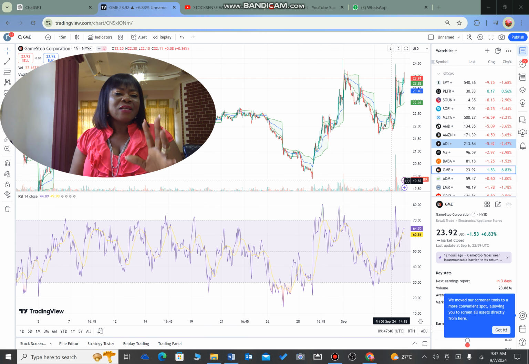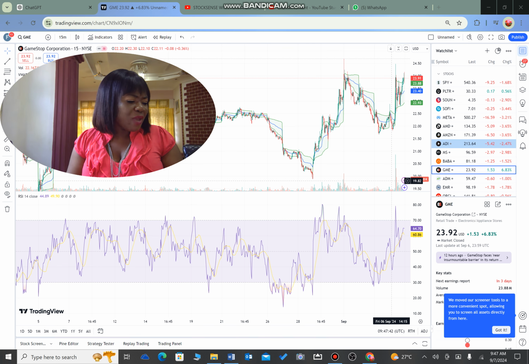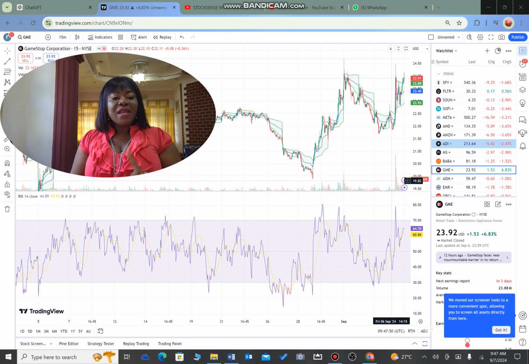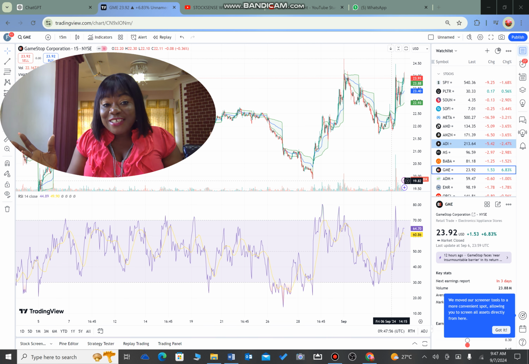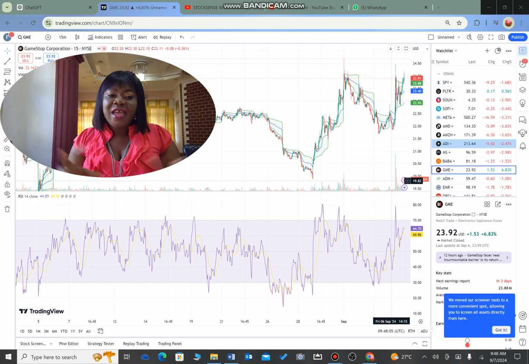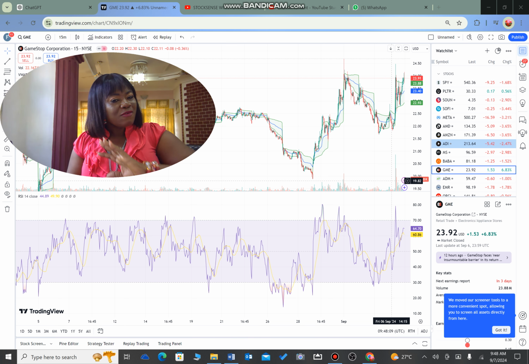So what are the tools that we need to make sure that this strategy works very well for us and makes it easier for us to scalp stock options? Number one is to find a platform that is very good, like Interactive Brokers. I will recommend my platform, My Brokers. That platform gives you the option chain where you can look at options, and it makes your orders fast.